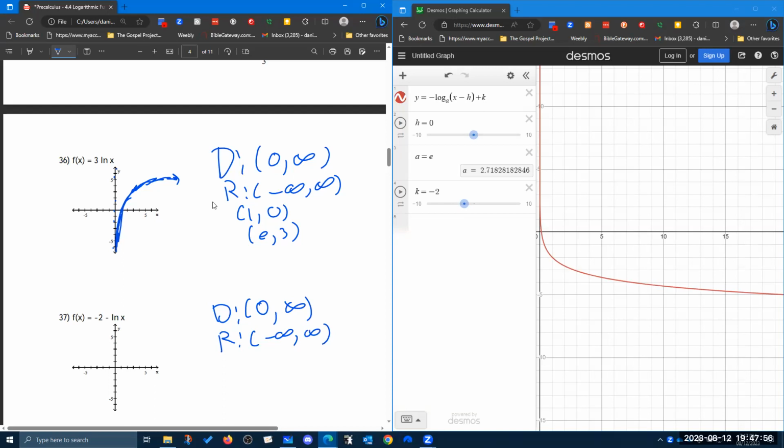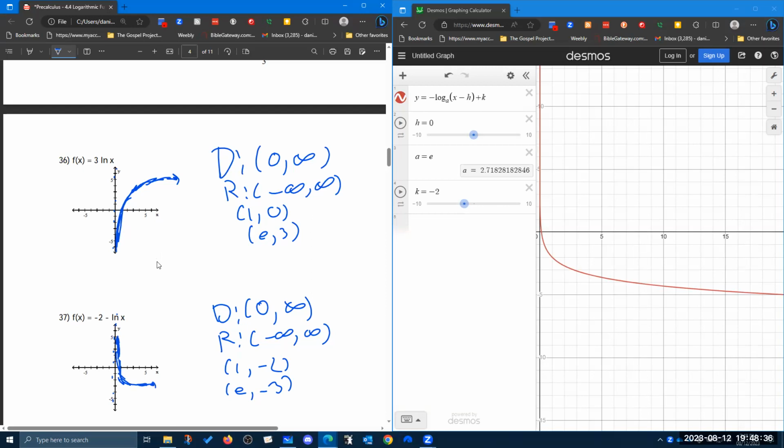My characteristic points are going to be at (1, -2) and (e, -3). And with (1, -2), (e, -3), and the vertical asymptote here, it's going to come up here like so, and it quickly levels off.